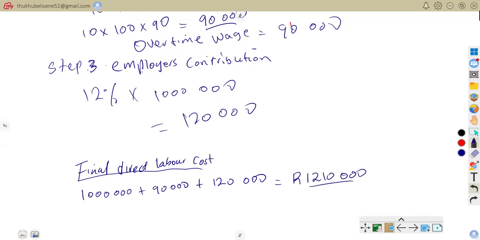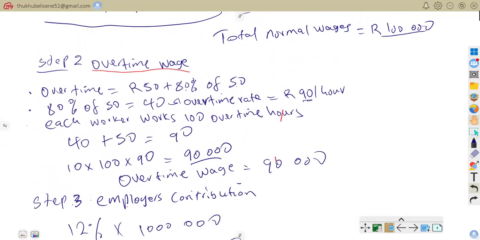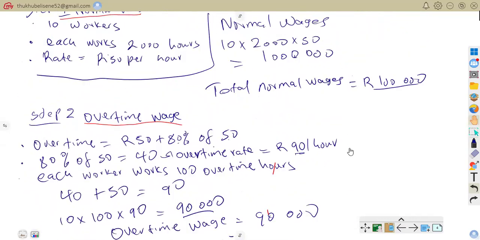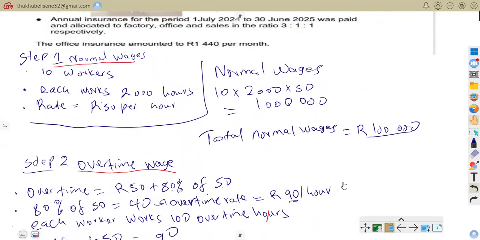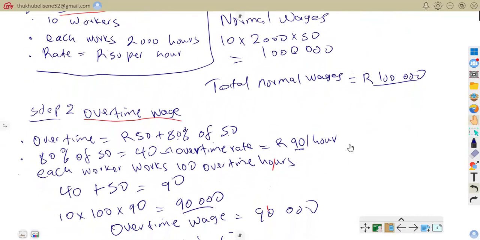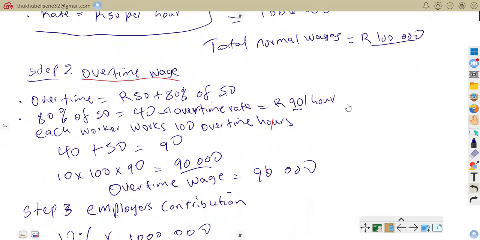So now we go to our answer book and write it there after we have calculated everything. As you can see, we first calculated our normal wage, then our overtime wage, which is 90,000.